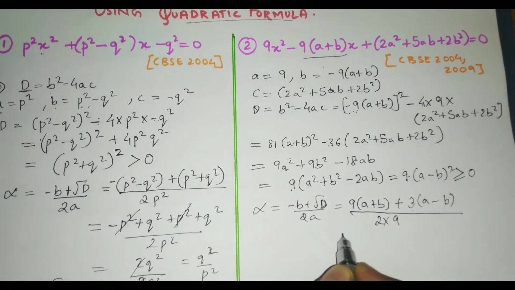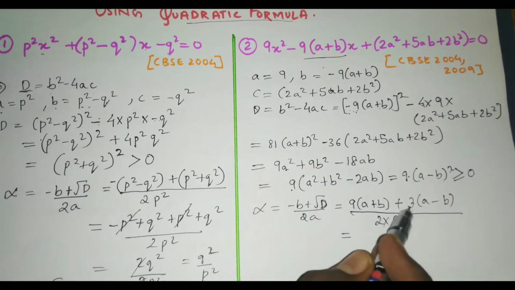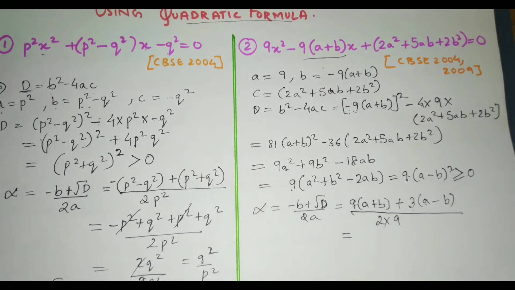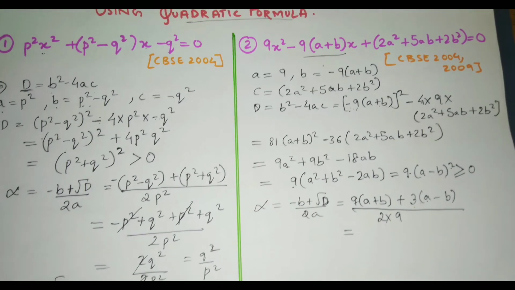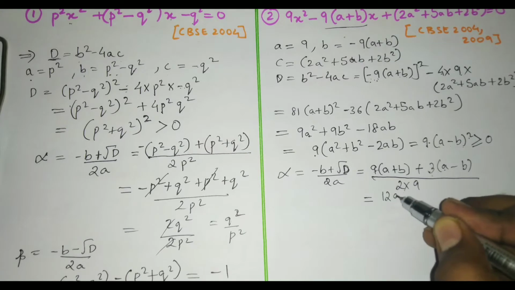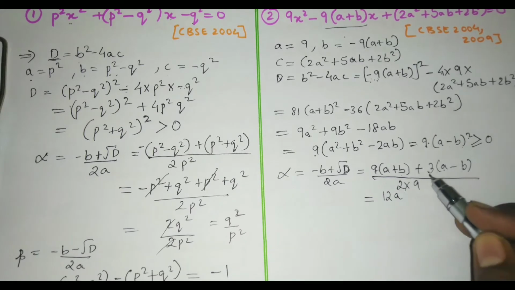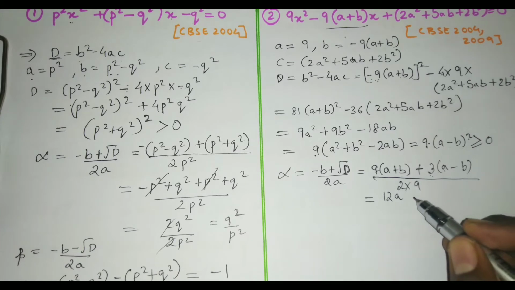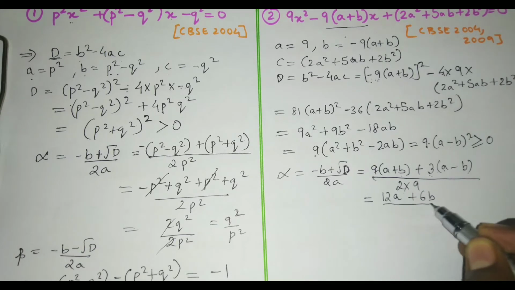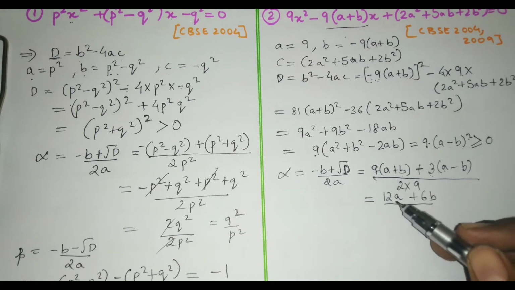So you have to just simplify this equation. So 9a here, 3a is there. 9a plus 3a is 12a. So you will get it as 12a. Now 9b minus 3b, I'll get plus 6b, divided by 18.